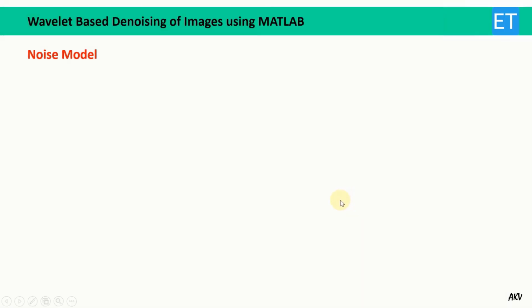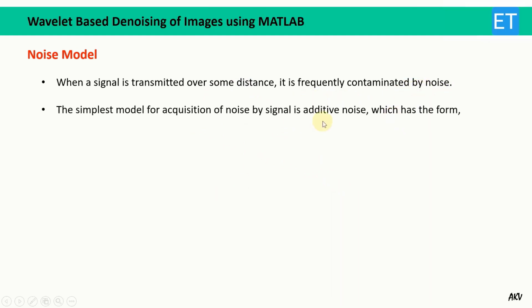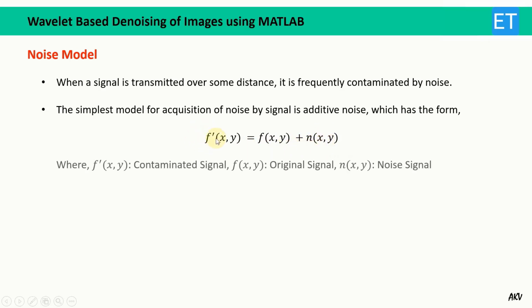Now let's see some theoretical background. When a signal is transmitted over some distance, it is frequently contaminated by noise, and the simplest noise model is given by this equation. Here f(x,y) is my original signal or image, and n(x,y) is a noise, and f-hat(x,y) is my corrupted or contaminated signal.